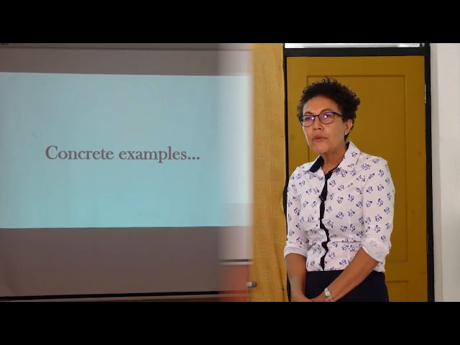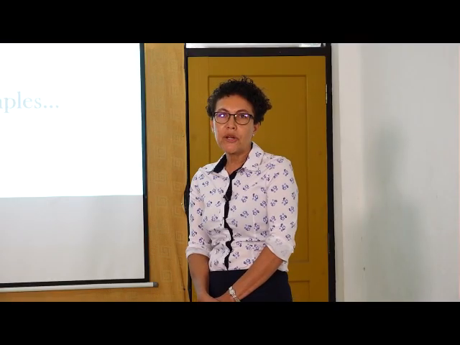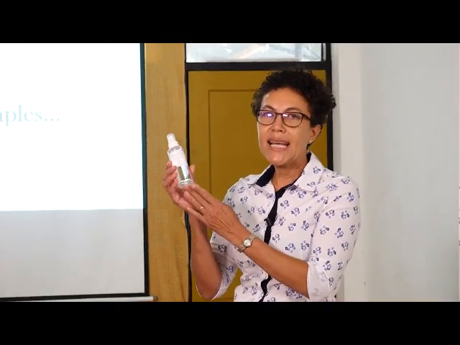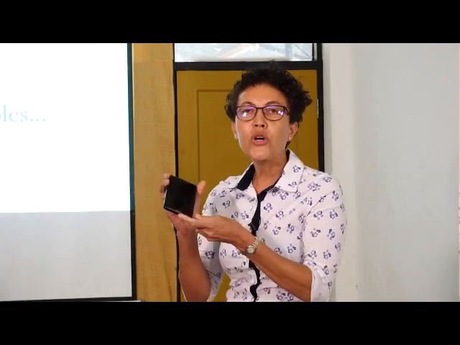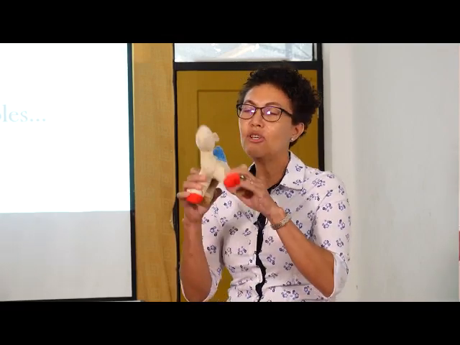Now we're going to look at some concrete examples. I know at home you have lots of examples around you. So here I have my sanitizer, an example of a non-living thing. I have my phone. Oh, I have this nice stuffed toy.